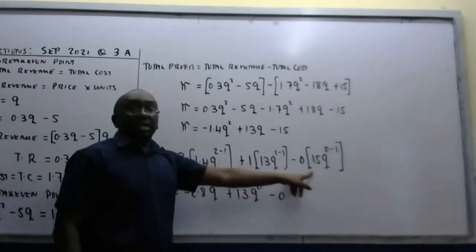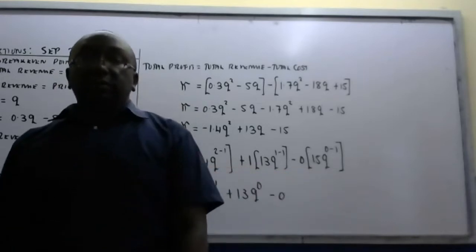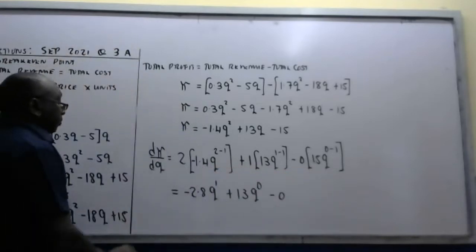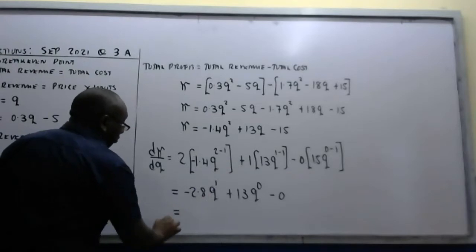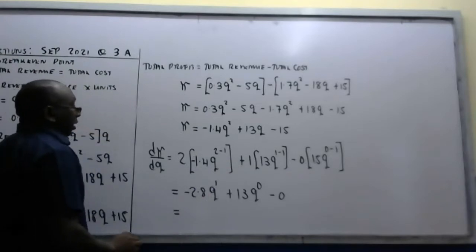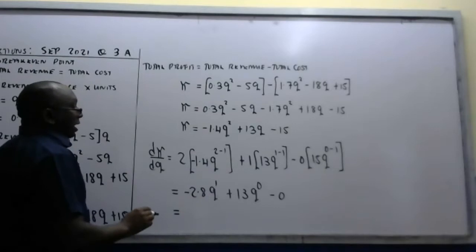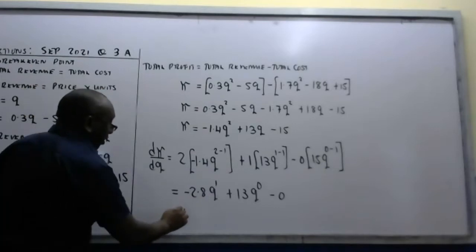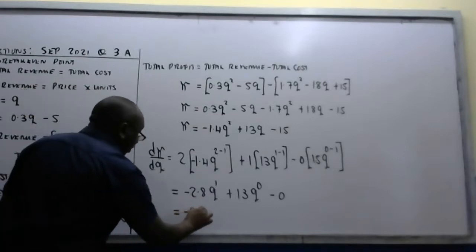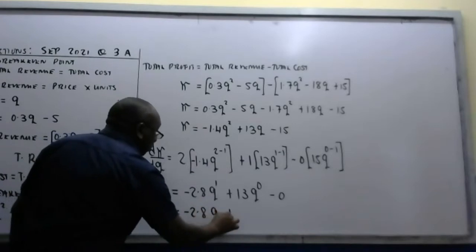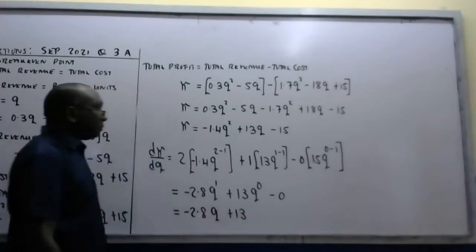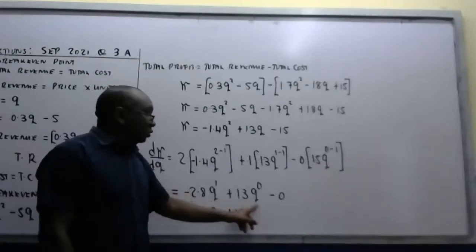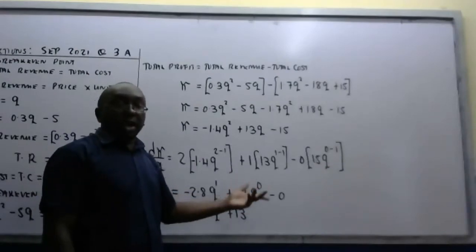This becomes 0, since any number multiplied by 0 is 0. So this becomes minus 2.8 q plus 13, because a number raised to power 0 is 1.